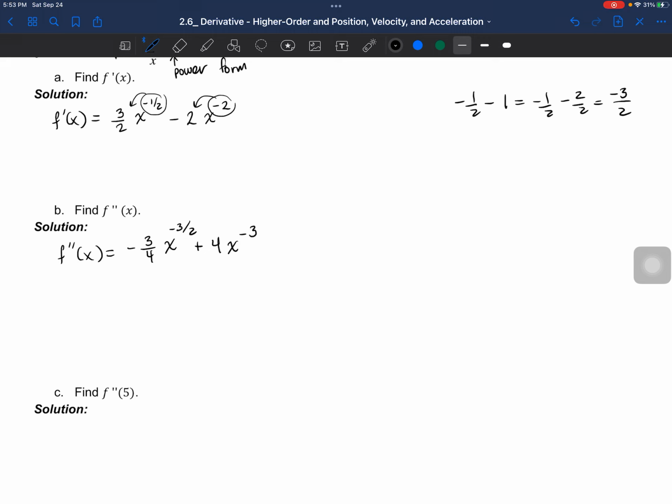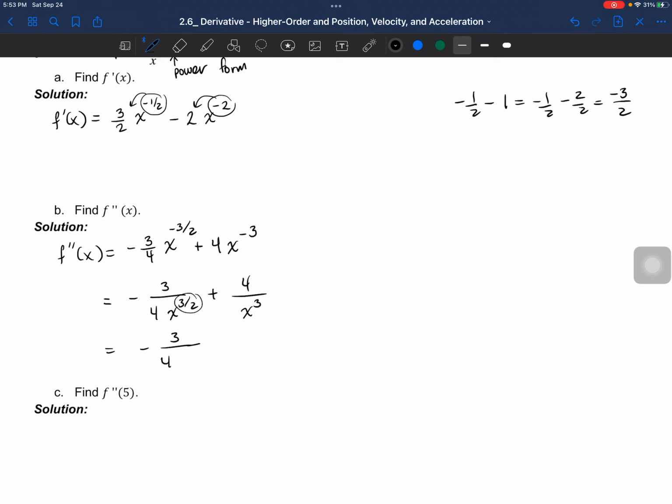This is technically the second derivative of the function, and we could rewrite this so it looks like a radical expression. Let's do that, but we don't actually have to if we're not asked to. So 4 over x to the third, and then we can do one more step here.